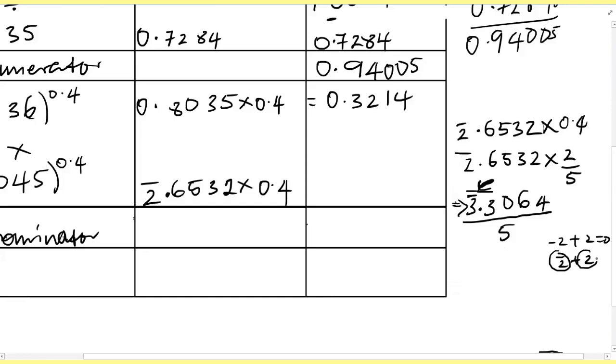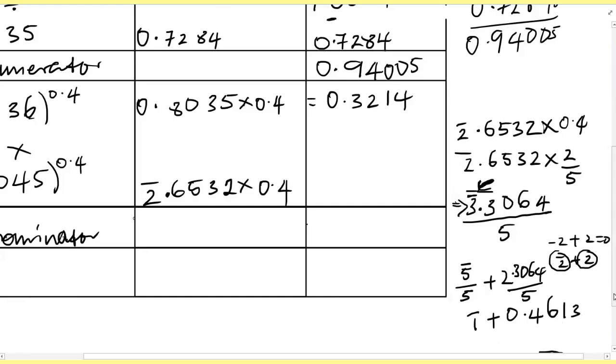Then this 2 here is added to the decimal part. So this now becomes bar 5 divided by 5, plus 2 added to the decimal part becomes 2.3064. So we divide this part by 5 also. So bar 5 divided by 5 gives us bar 1, plus if you divide this part by 5, you have 0.4613.